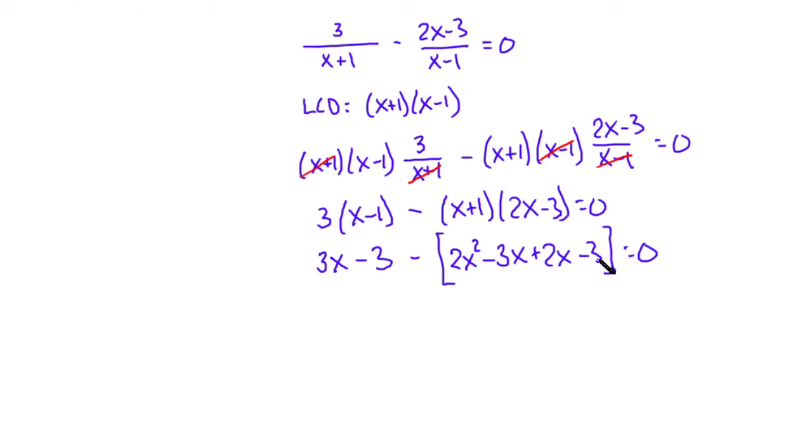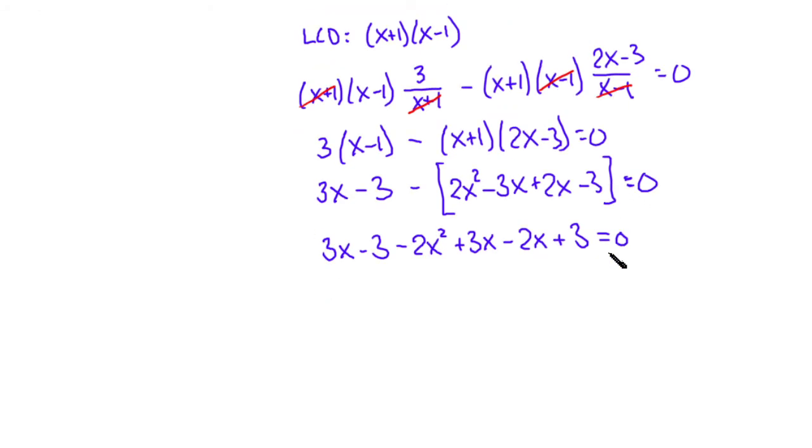Equals 0. Now I can drop these brackets, but because there's a minus sign in front of the opening bracket, all the signs inside of the bracket will be reversed. So we're going to get negative 2x squared plus 3x minus 2x plus 3 equals 0.